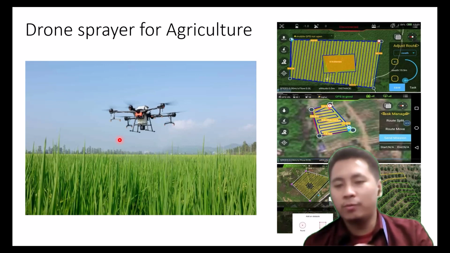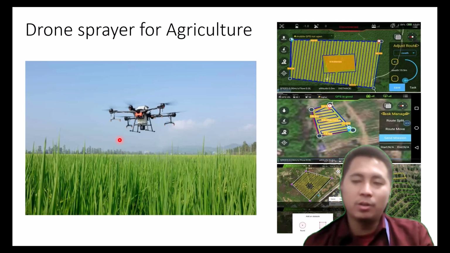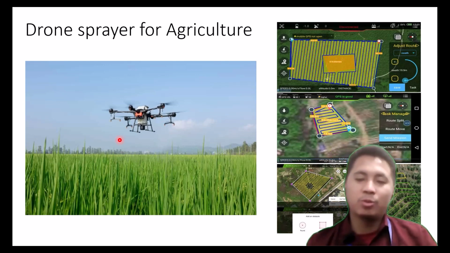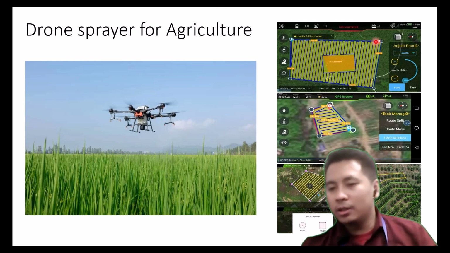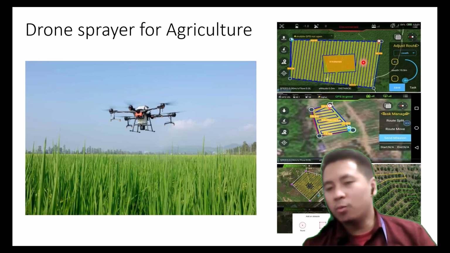For example, you have a target of 1 acre, 2 acres, or 20 acres in 1 or 2 hours, and we can realize that with a sprayer. On the right, you can see the interface when you are creating waypoints on the crop plantation.